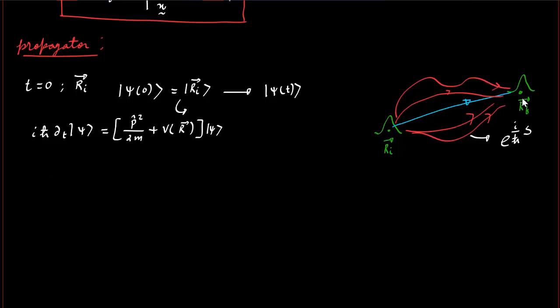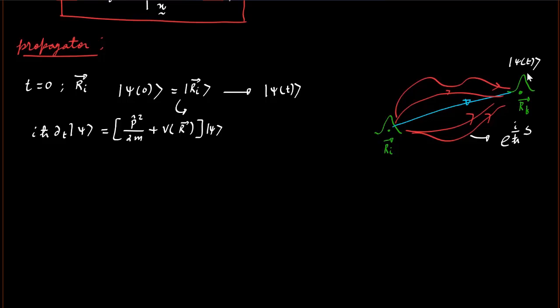What we have to do is calculate the final wave function, or evolved wave function, at time t, because we want to calculate the position of the wave packet at time t. That means to describe the system we need its corresponding state at time t, right?